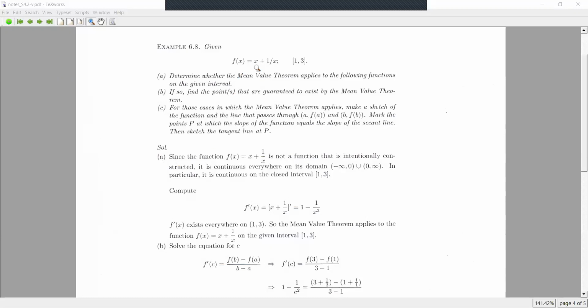This function is not a piecewise defined function, so it is not intentionally constructed. For such a function, its graph must be continuous everywhere on the domain of the function.